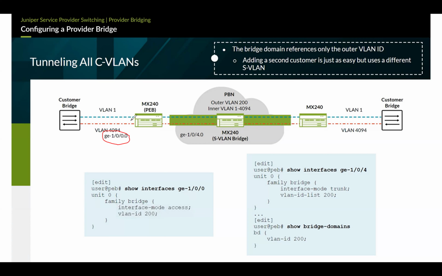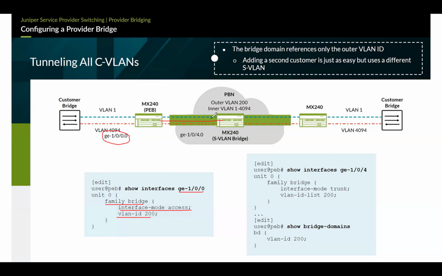This interface is the connected interface between the PEB and the customer bridge. In that case, this port will be a layer 2 port: family bridge, interface mode access, and the VLAN ID will be the specific VLAN.